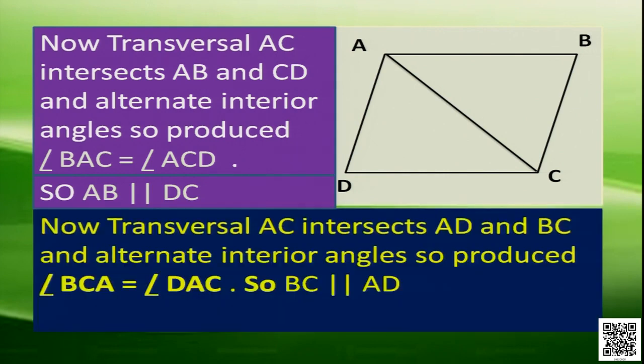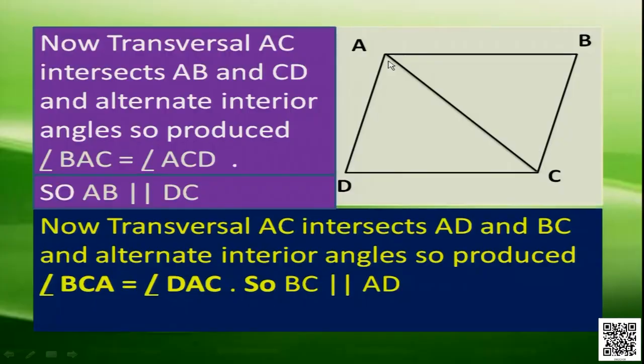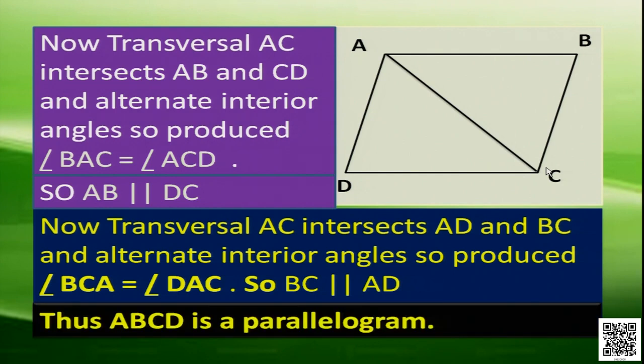Similarly, the transversal AC intersects AD and BC, and the alternate interior angles so produced are BCA and DAC, so BC is parallel to AD. So, in this quadrilateral, opposite sides AB and CD are parallel, and also AD and BC are parallel. So, we can say that ABCD is a parallelogram.